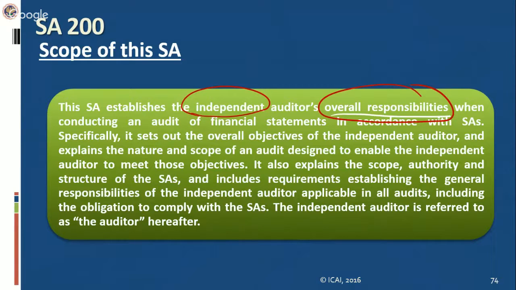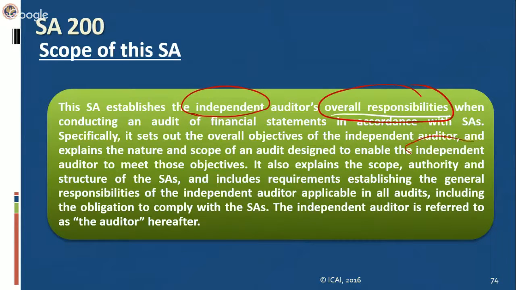Specifically, students, it sets out the overall objective of the independent auditor and explains the nature and scope of an audit, which is designed to enable the independent auditor to meet those objectives. Again, independent, you see the importance.